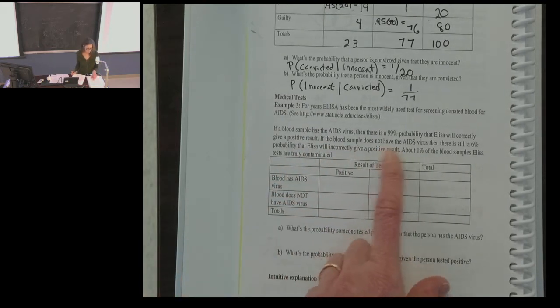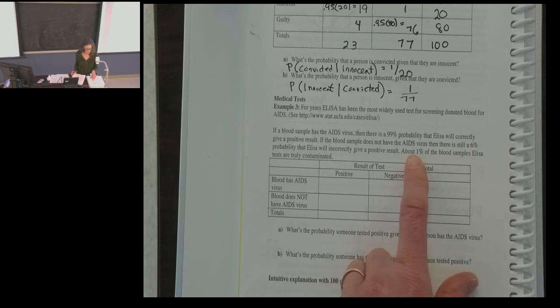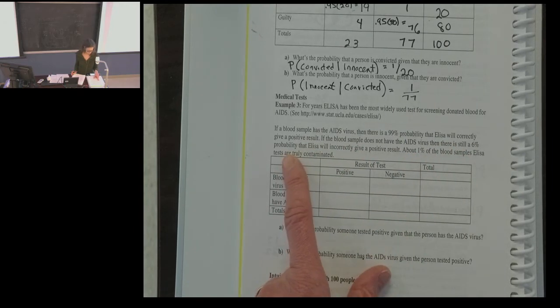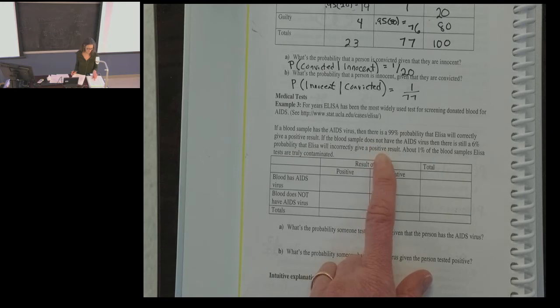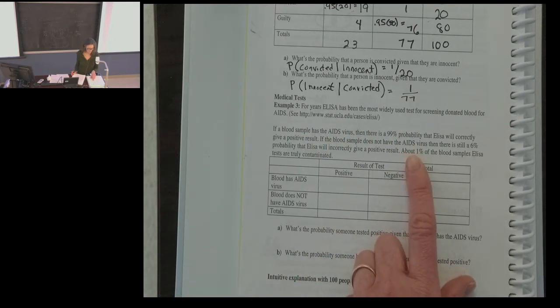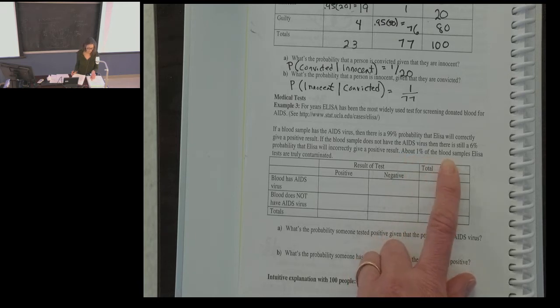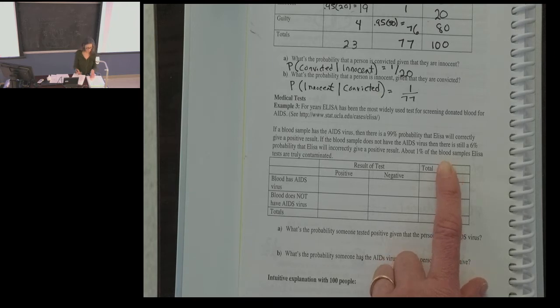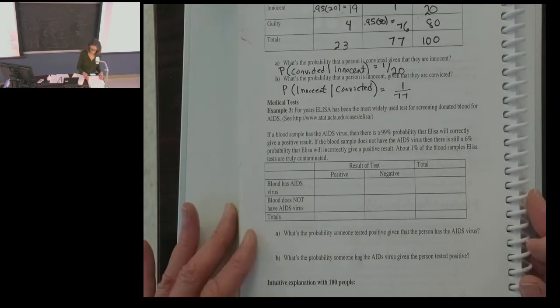So if the blood sample does not have AIDS, then there's still a 6% probability that ELISA will incorrectly give a positive result. Okay, so this is a false positive. And this is a true positive. Now, this is a rare disease, so only about 1 out of 100 people who've been tested of the blood samples really have the AIDS virus.